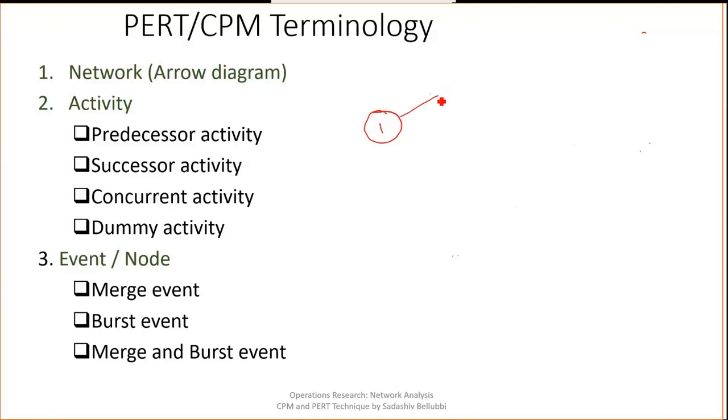Now I'll draw one network. I have already explained how to draw the network. You need to draw it carefully, because there should not be any gap between the arrow mark and the node.